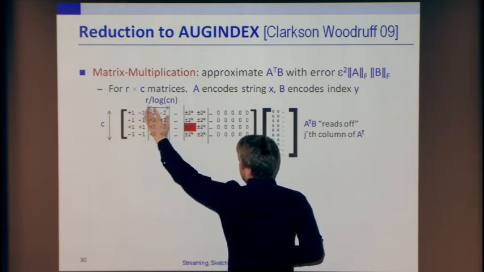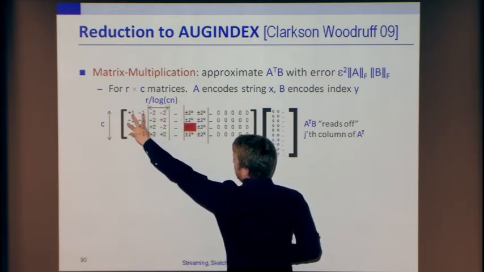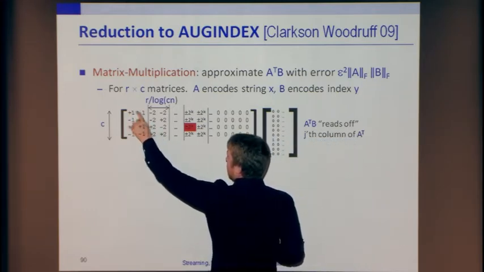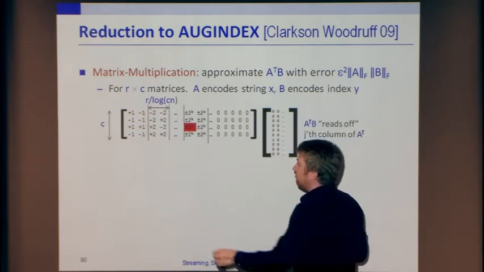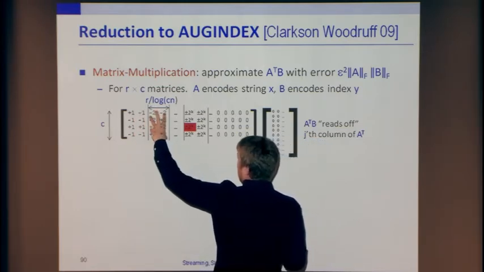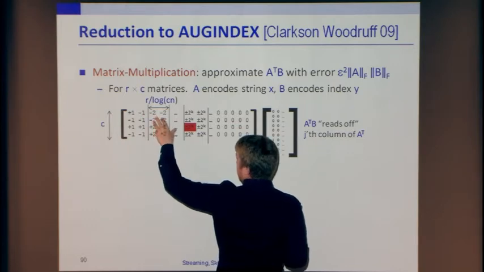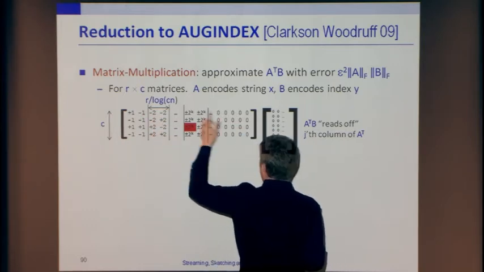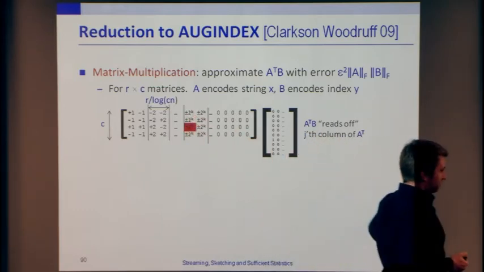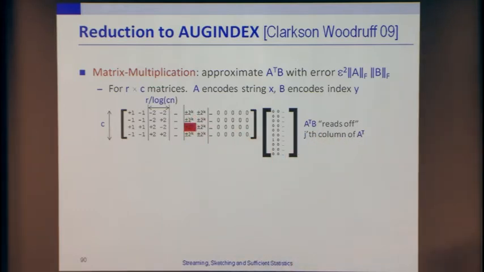It's going to be a matrix with an initial block of +1s and -1s, where you think of +1 corresponding to a 1, -1 corresponding to a 0. So you can start coding up the string here. Then we're going to have a next block where we do the same thing, but now with +2s and -2s. Then a block with +4s and -4s. A block of +2 to the k's and -2 to the k's. So we're coding up our string in these blocks.